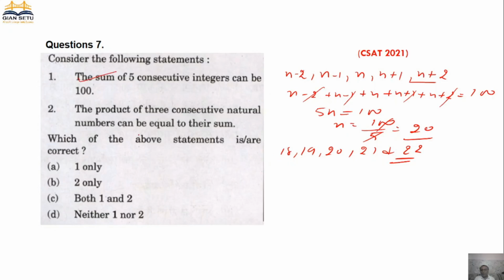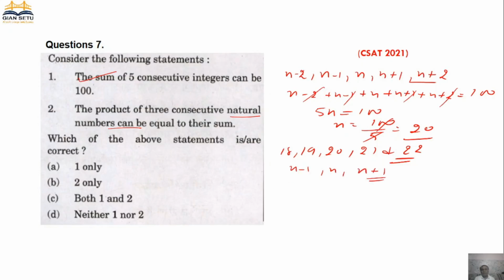Now let's check statement 2. The product of three consecutive natural numbers can be equal to their sum. Suppose we have the numbers n minus 1, n and n plus 1.